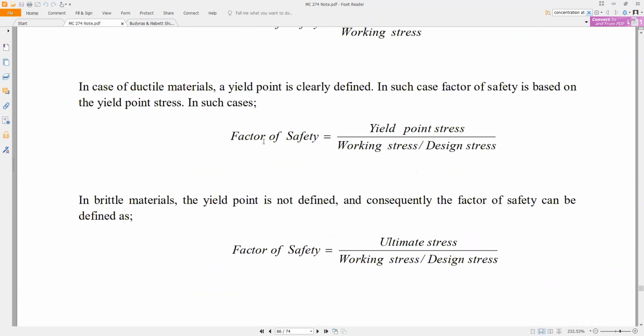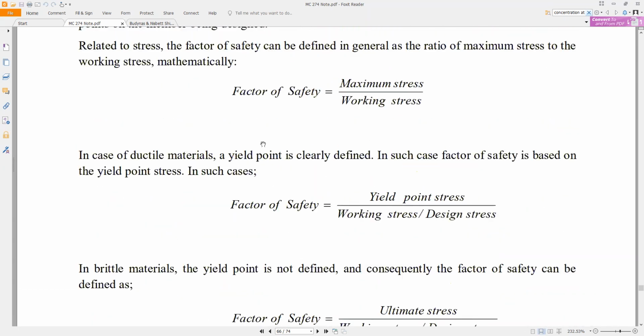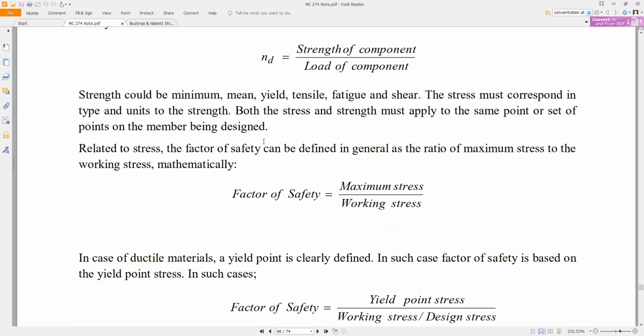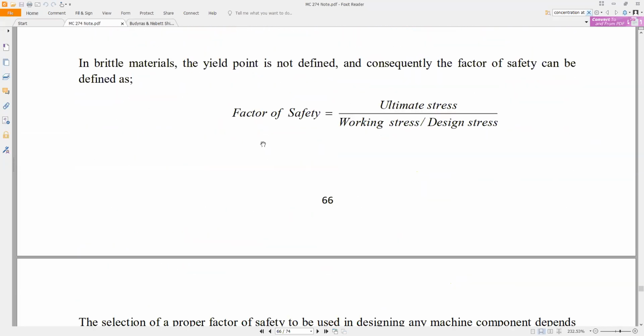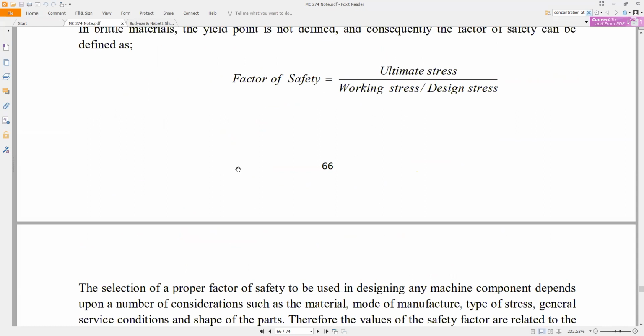So these are various formulas for the factor of safety, okay? Depending on what condition we are looking at, what type of material we are looking at.